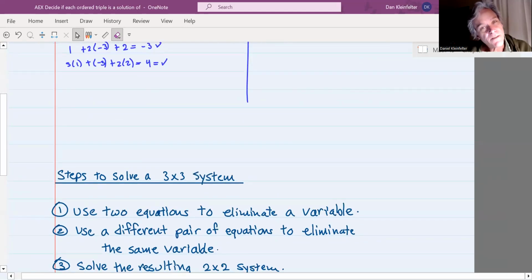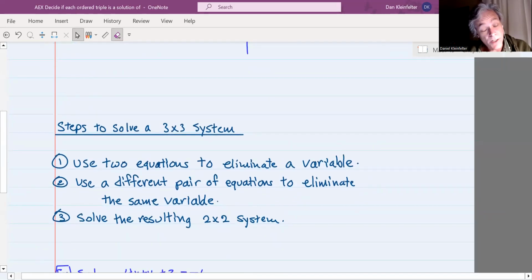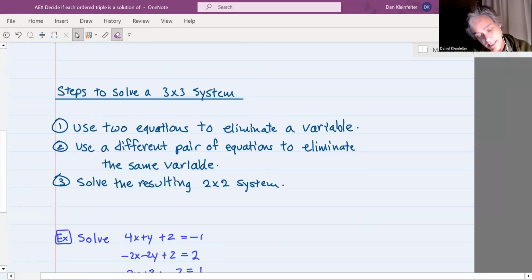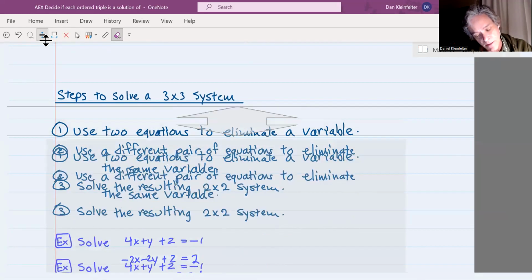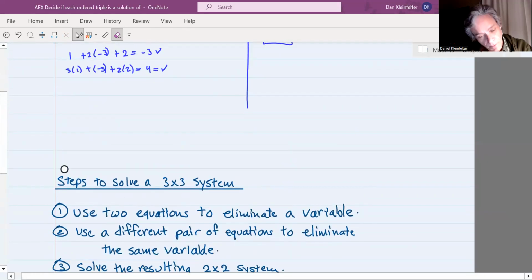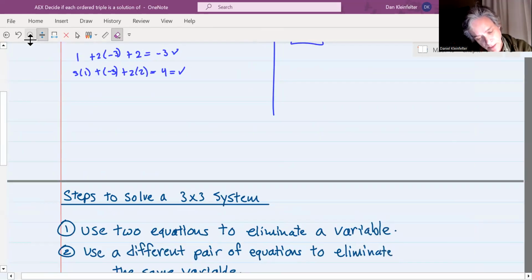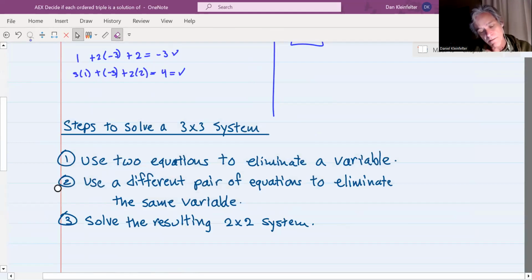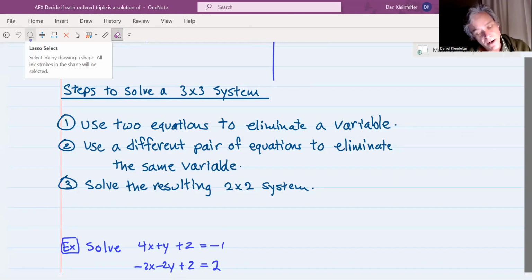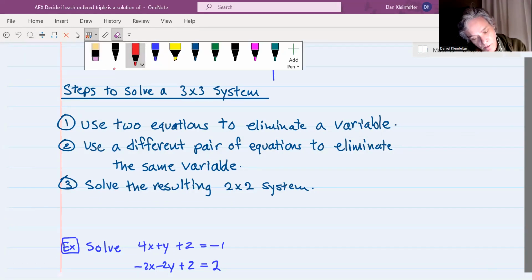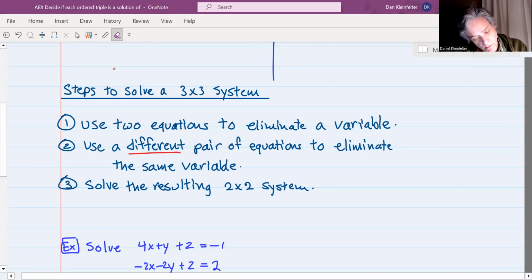Okay, fortunately, there's a set procedure you can follow to help solve one of these systems of equations. So let's go through the steps to follow. Let's organize things a bit. All right, so the steps go like this. Use any two equations you like to eliminate a variable. Then use a different pair of equations to eliminate the same variable. Those are important.